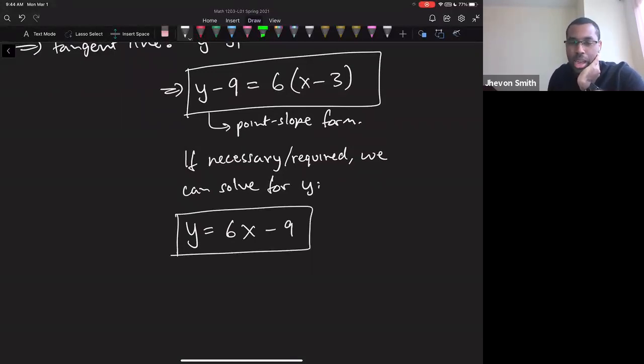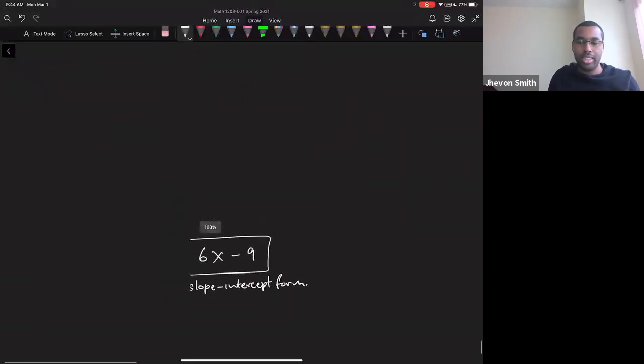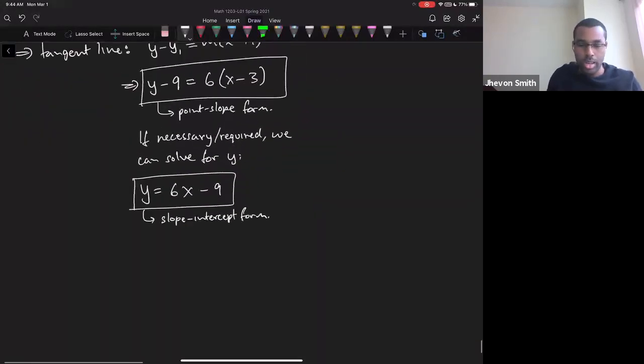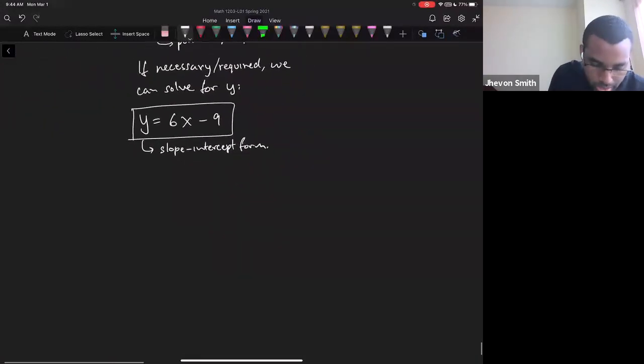That's more like your mx plus b form. This is called the slope-intercept form. So that is the tangent line. So what have we done here? What do we learn?